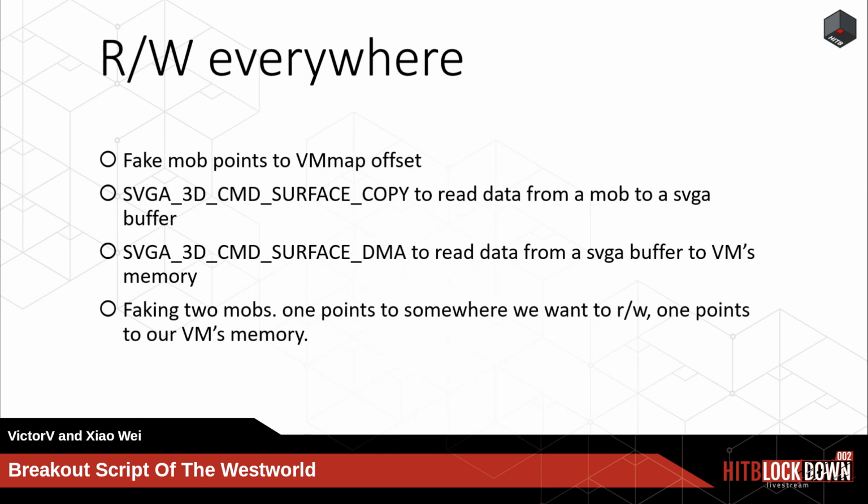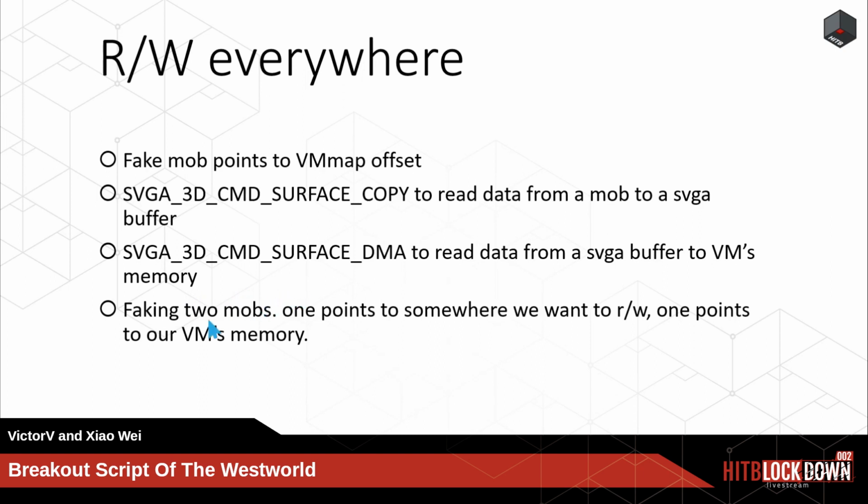Then we use surface copy and surface DMA command to leak data from a mob to guest's physical memory. After this, we know what is the translated address of a guest memory.